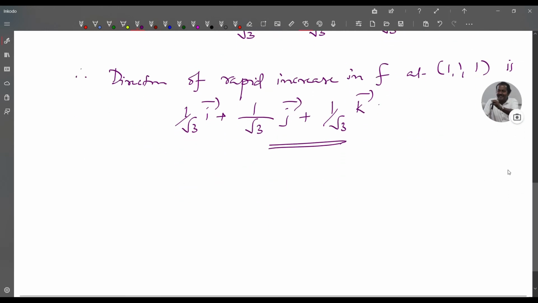Now we have to find the directional derivative in that direction.